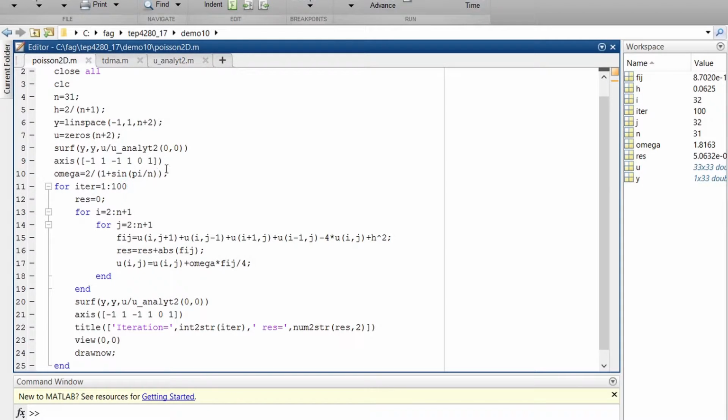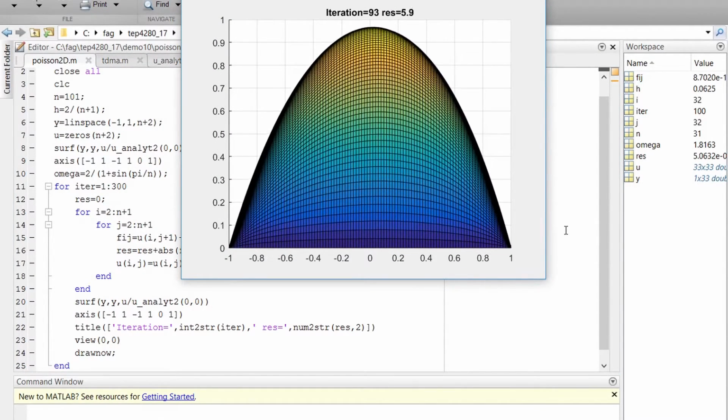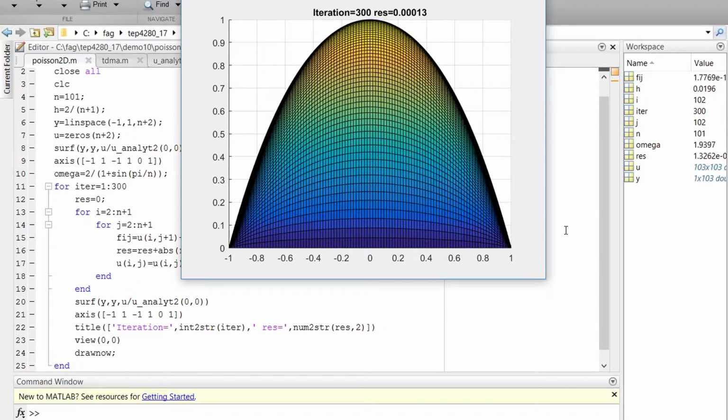That's okay. So if we try, say, 101 unknowns, then I should have at least, let's take 300 there, just to see how it works. Yeah, even 200 would be quite okay, although the residual is still climbing down. So it's not as accurate as the first one, but decent.